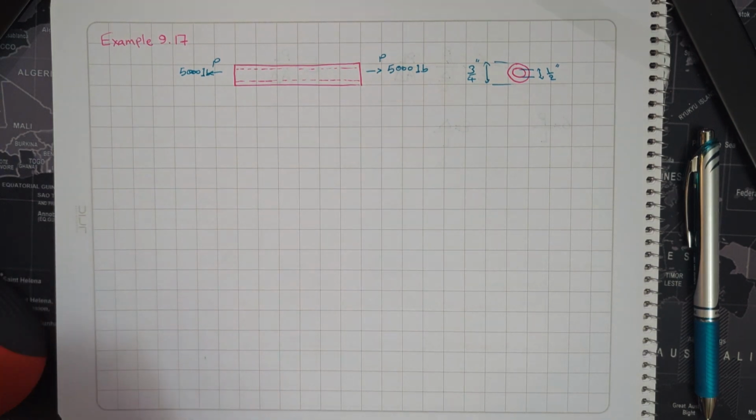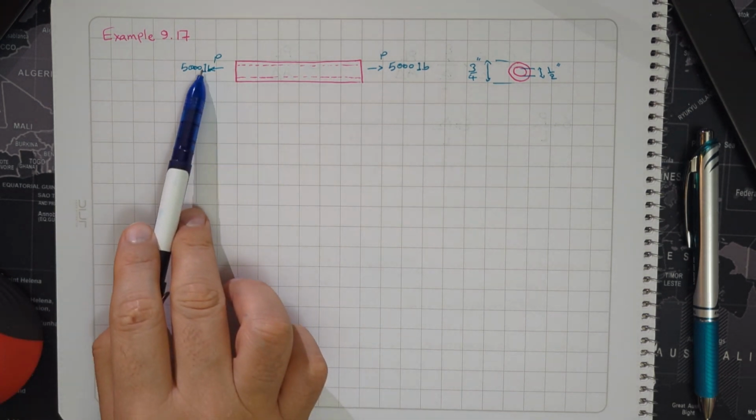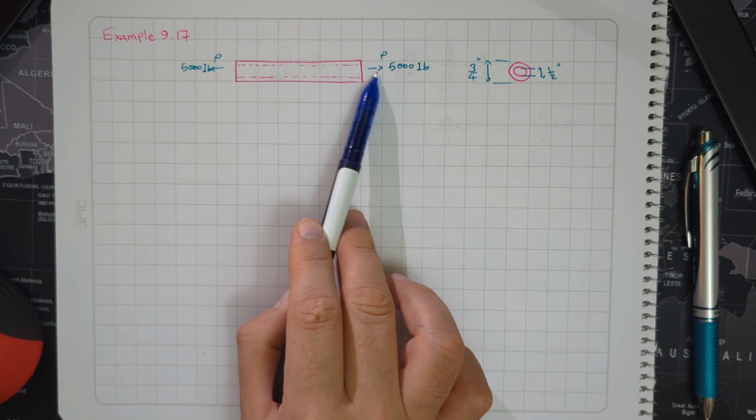Example 9.17. A tensile member in a machine is subject to an axial load of 5,000 pounds as shown in this figure.